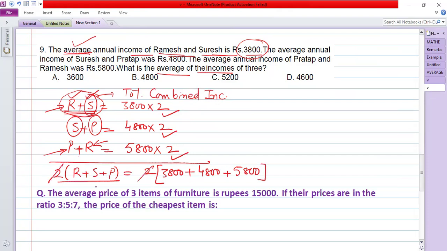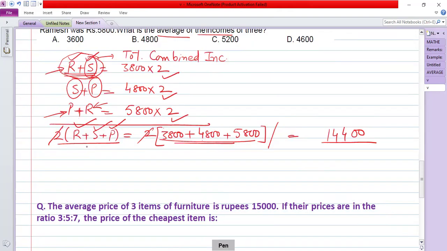And further, we need the average of these three. What we have is the combined income of Ramesh, Suresh, and Pratap. To have their average income, we must divide this by 3.